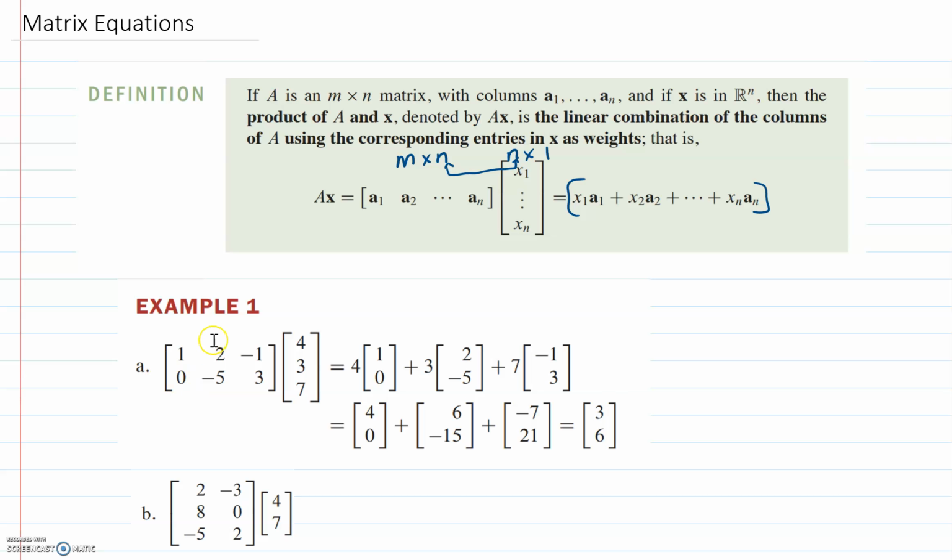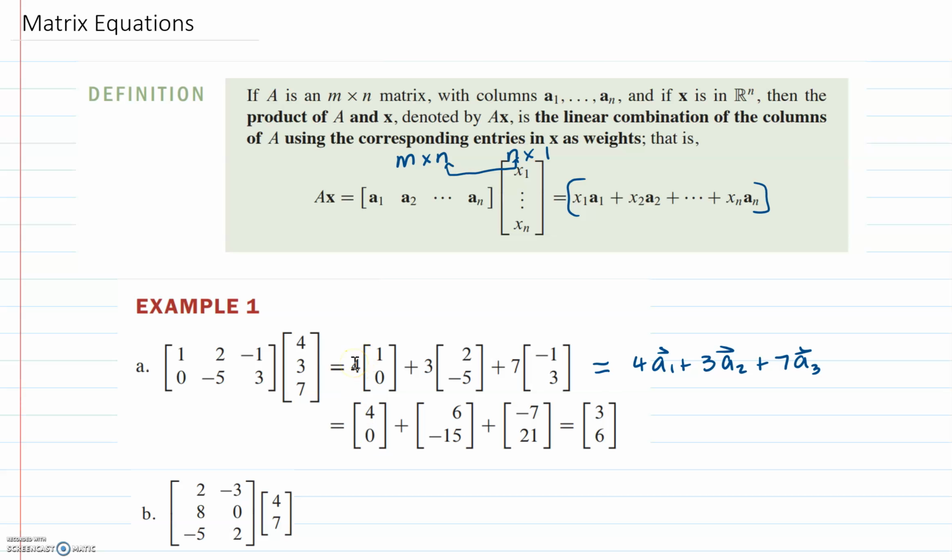So if we multiply this A times this X in example 1, we're going to get this X1, which is a 4, times the first column, plus the X2, which is a 3 times the second column, and then plus 7 times the third column. You're going to get a linear combination here.